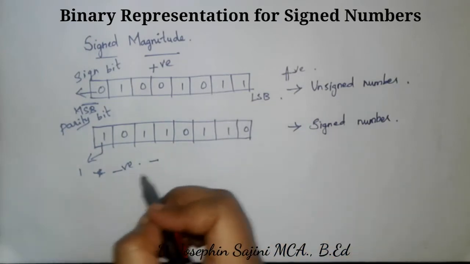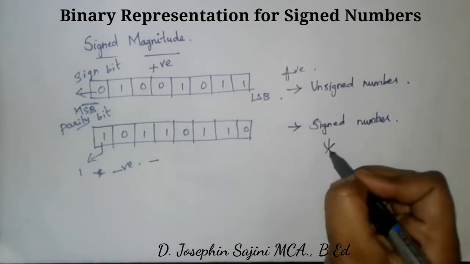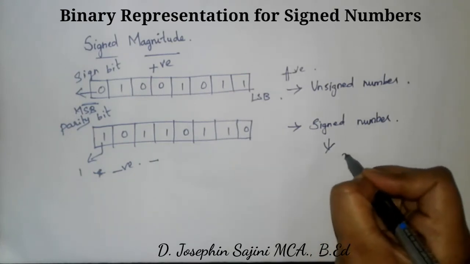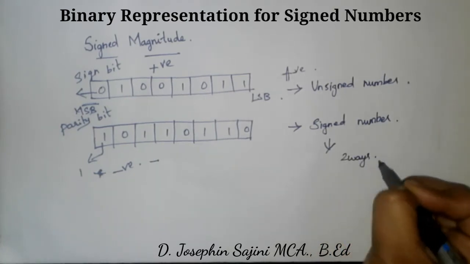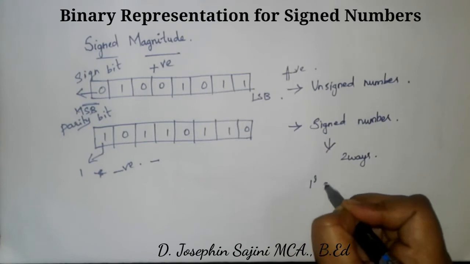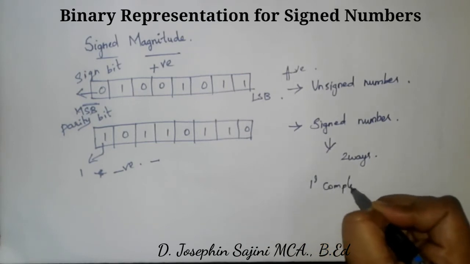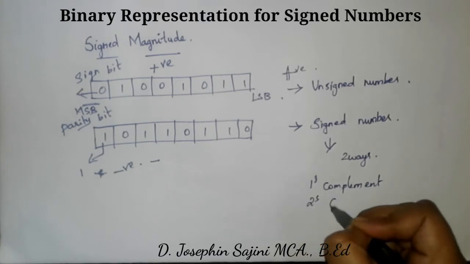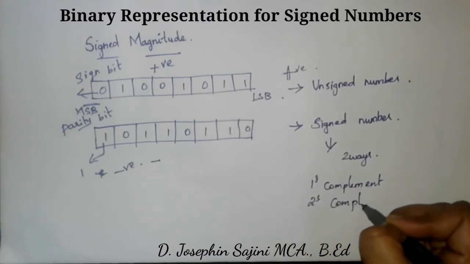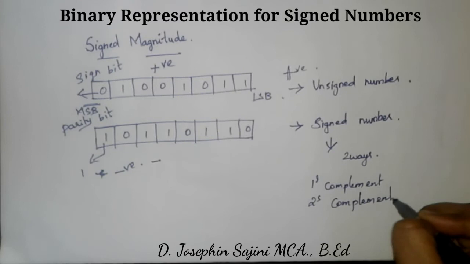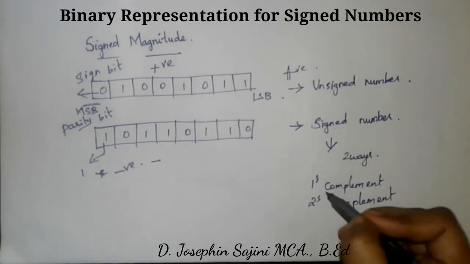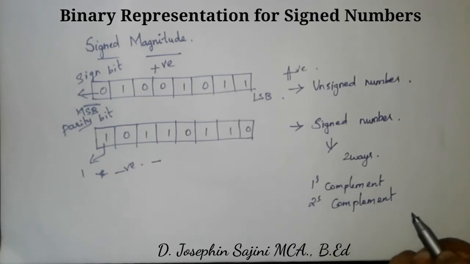Signed numbers can be represented in two ways: the 1's complement method and the 2's complement method.